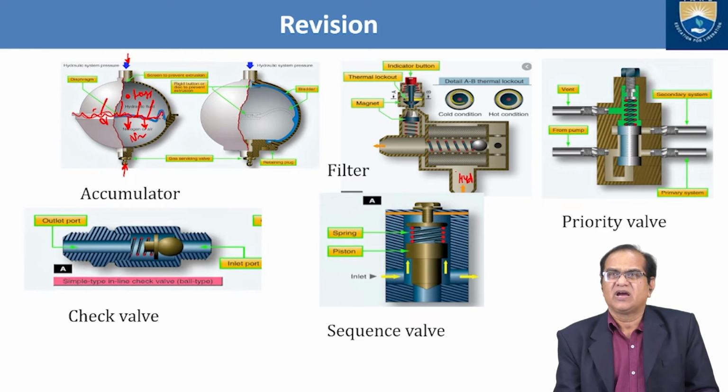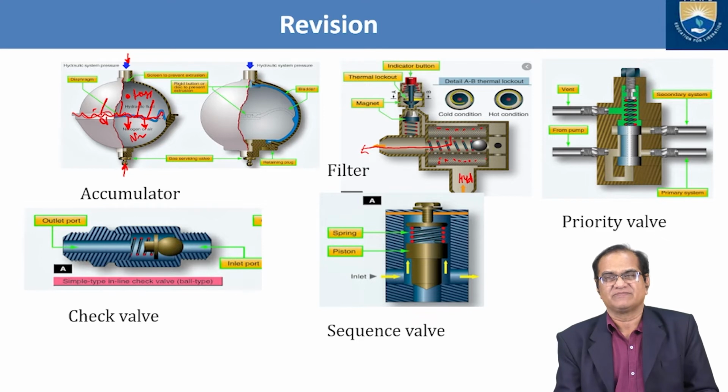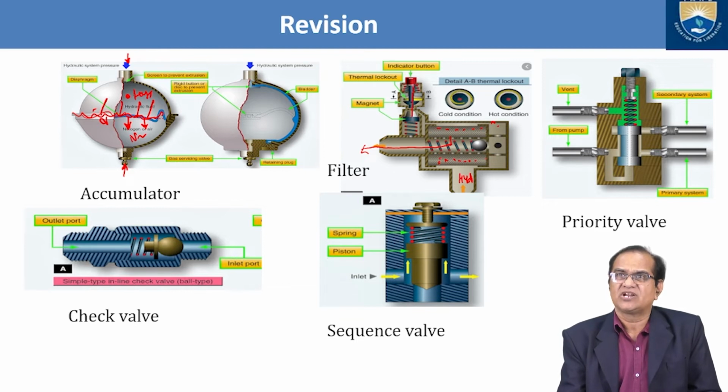The unnecessary particles or impurities are trapped inside this filter, and the pure hydraulic fluid will enter here and go to the next component from here. But if this filter element is trapped and clogged, what will happen? The pressure will increase in this chamber and it will try to lift this knob, which is the indicator button, and the red button will be visible if the filter is clogged.